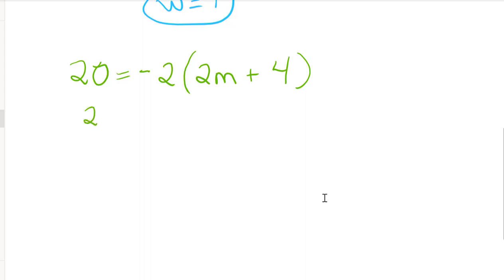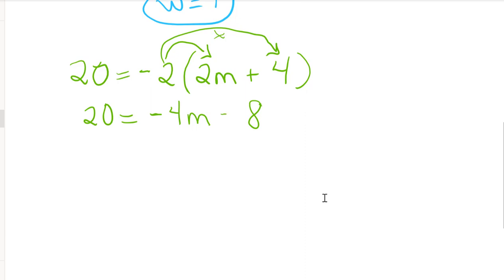So I can copy my 20 equals, you're going to multiply negative 2 by 2. So a negative by a positive is going to be negative 4m. And then you're going to do negative 2 times 4. 2 by 4 is 8. And then you have a positive and a negative. So when you multiply, if you have a negative and a positive, it's going to be negative.